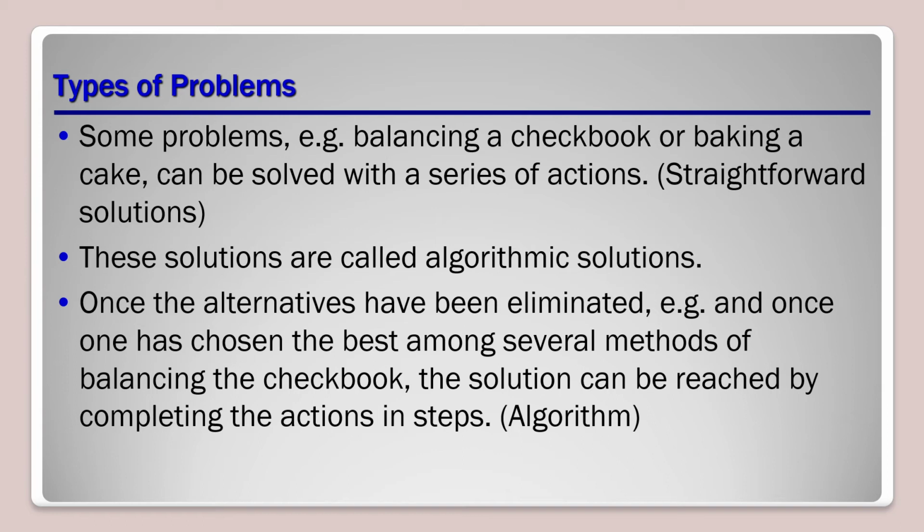Now guys, we will see the types of problems. All problems don't have the same type; they are different types of problems. For example, balancing a checkbook or baking a cake can be solved with a series of actions, so it is a straightforward solution. Once you know how to fill a checkbook, you can do it forever, one step at a time.